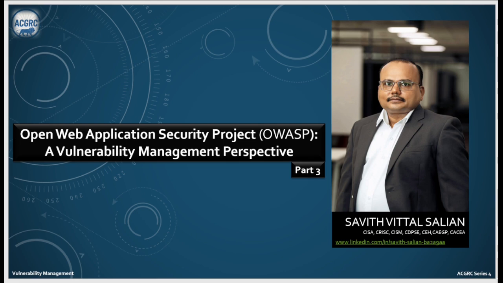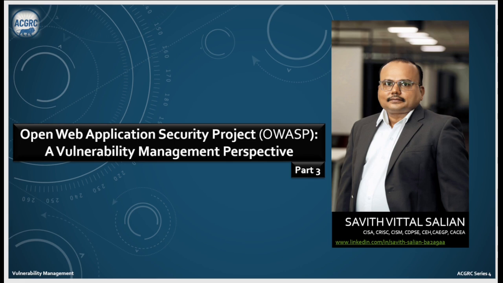But let's be honest, there are challenges too. Time constraints, skill gaps, and fragmented processes can all limit how effectively OWASP testing is used. That's why it's important to automate where you can, prioritize what matters, and build collaboration between dev, security, and ops teams.